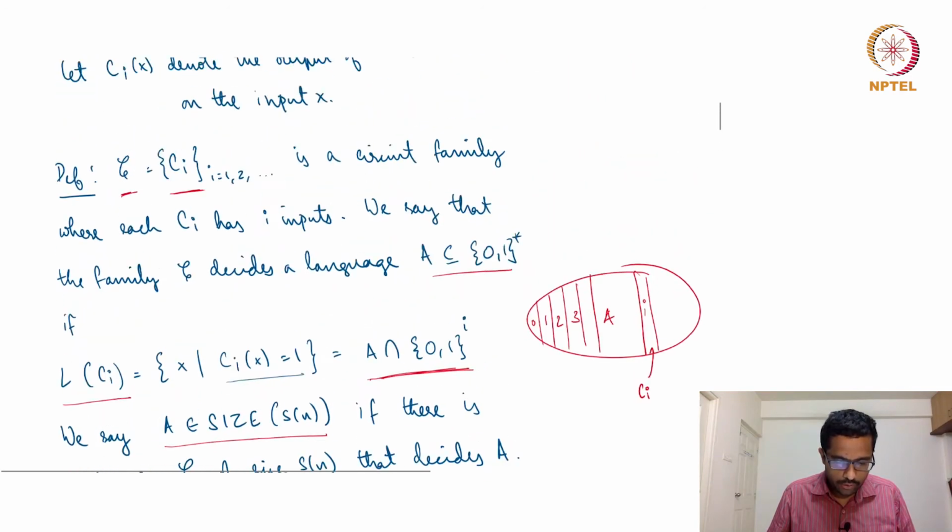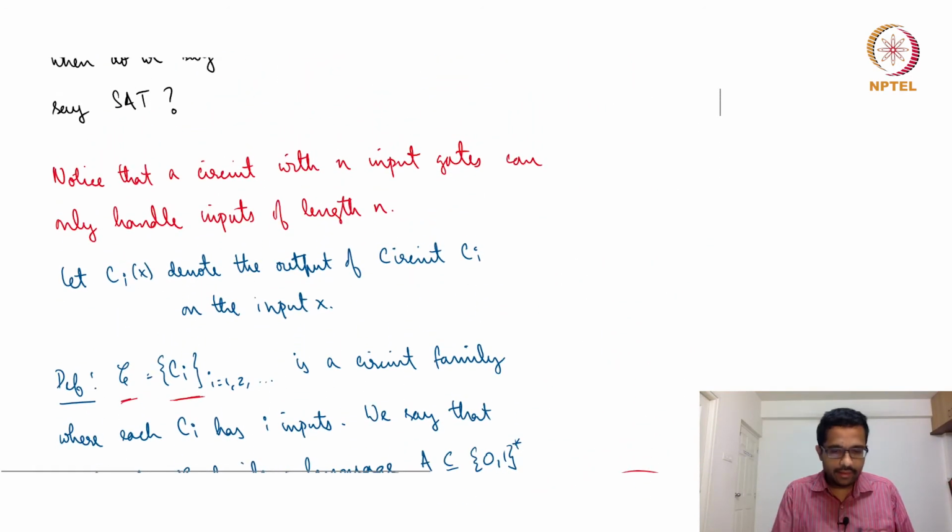One thing to note is this important distinction between circuits and Turing machines, which you may have noticed already. A Turing machine that does something, let's say palindrome, or decides shortest path, encodes a certain algorithm, and it will take all inputs of all sizes.